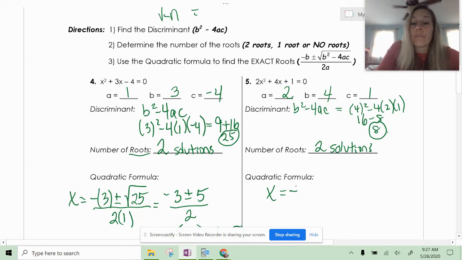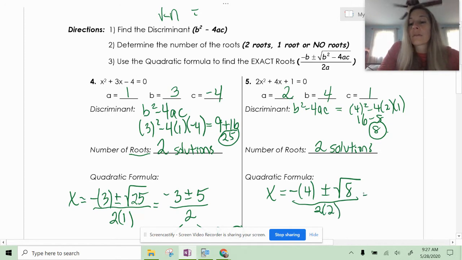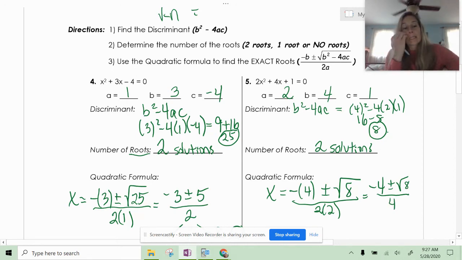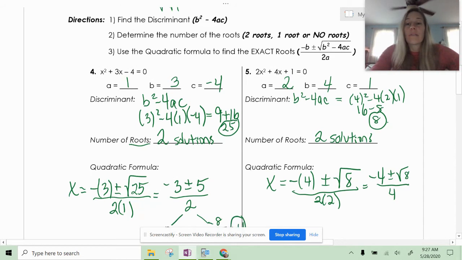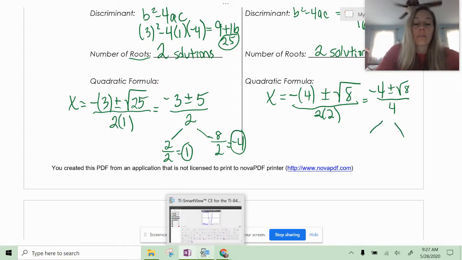So the negative b plus or minus the square root of the discriminant, which we figured out was 8, over 2 times a. So negative 4 plus or minus the square root of 8 over 4. Now in this case, I'm going to have to use my calculator to figure them out, or you'd have to simplify the radical, but we haven't really gone over that.